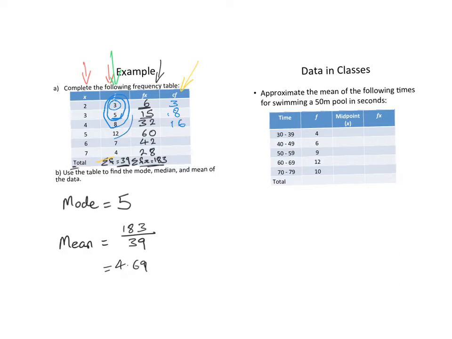A shortcut is just to get this 16 and then add it to the next one, and keep doing it that way. So that's 28, then add the 7, that's 35, then add the 4, that's 39. It should always occur that the last number here equals the total of the frequencies here.